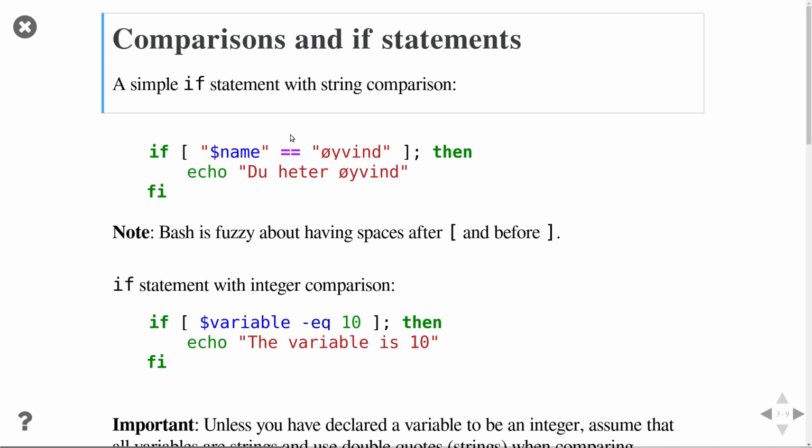The reason why this is important is because there's another way of comparing specifically integers. If you want to do an integer comparison, you use the syntax down here. So you use the variable, but here you need to be certain that the variable is actually an integer. And then here minus eq, so here you compare for equality with the value 10. This is sometimes useful if you want to check for equality.